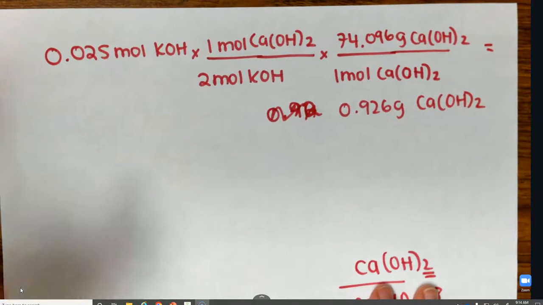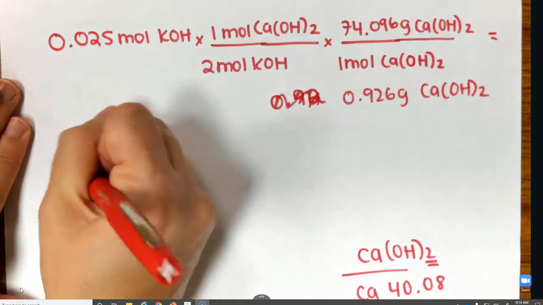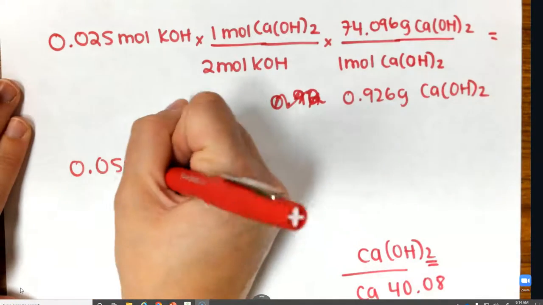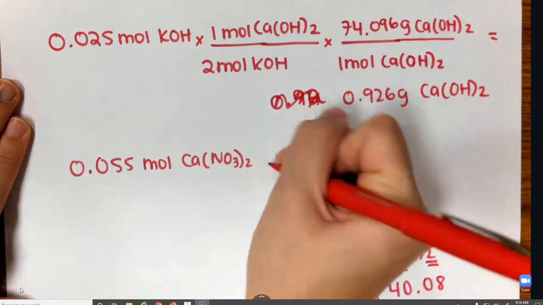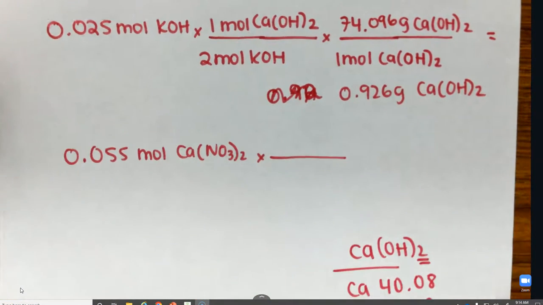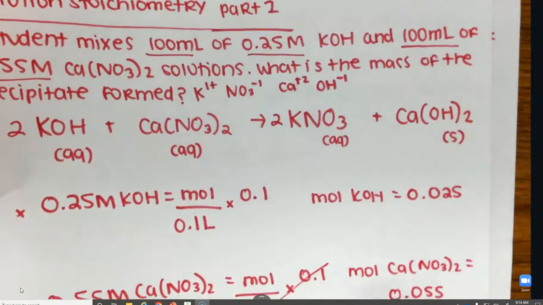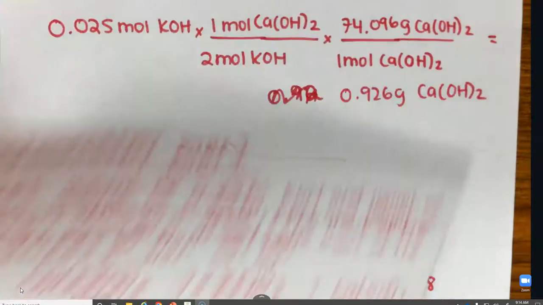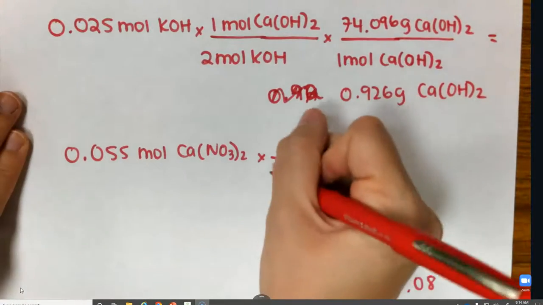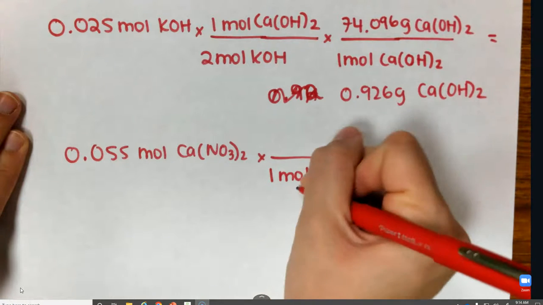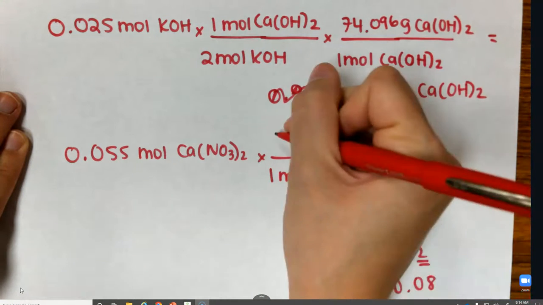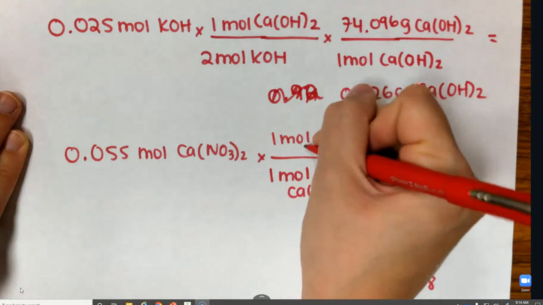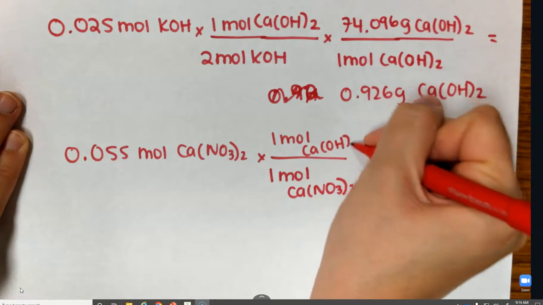Now let's check our other reactant. 0.055 moles of calcium nitrate. I need to go look at my equation to see my mole ratio. This mole ratio is 1 to 1. However, even though it's 1 to 1, and that doesn't change anything mathematically, I still need to write that down. 1 mole of calcium nitrate is equal to 1 mole of calcium hydroxide.